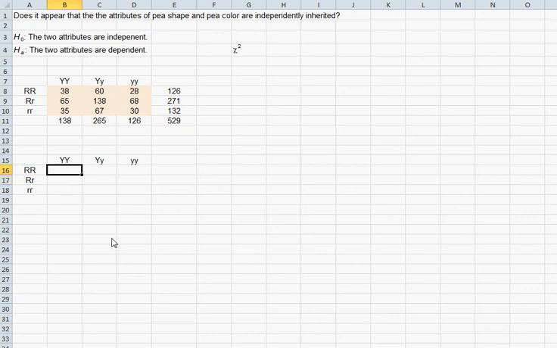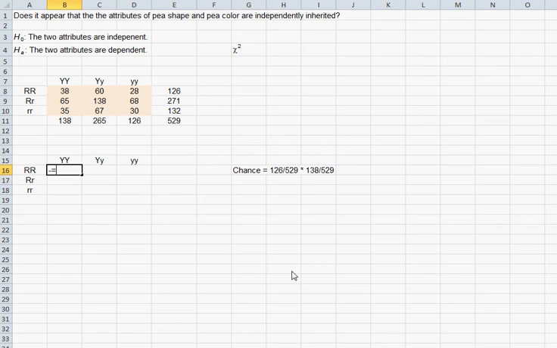Under the null hypothesis, the chance of being in that block is, well, there's 126 chances out of 529 of being in that row, and 138 chances in 529 of being in that column. So if the attributes are indeed independently inherited, then the chance of being in the upper left-hand corner of the table would be equal to 126 over 529 times 138 over 529.